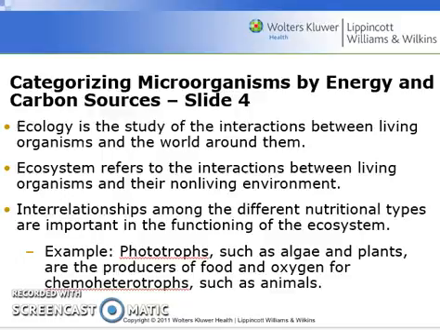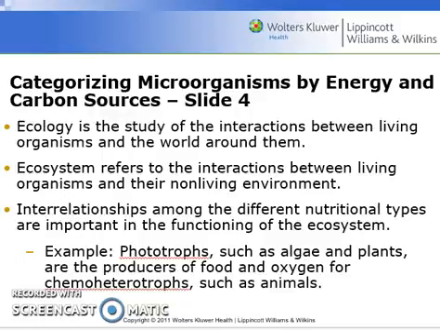Okay, there's a lot of interrelationships that tend to exist among different nutritional types. And this is also very critical to generate a fully functional ecosystem. Some examples are phototrophs like algae and plants. They produce food and they produce oxygen, and that oxygen and food is used by other organisms like us and more complex animals in order for us to survive.